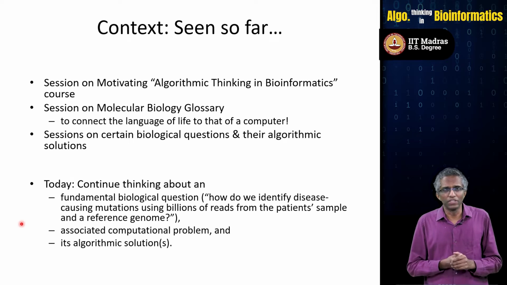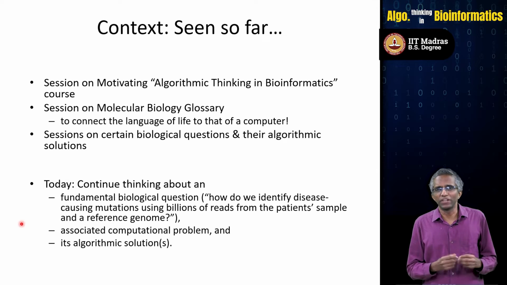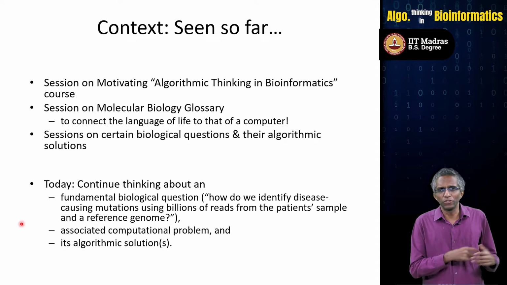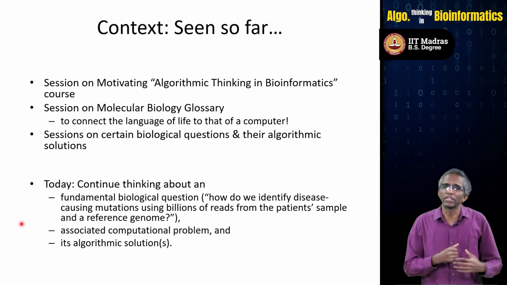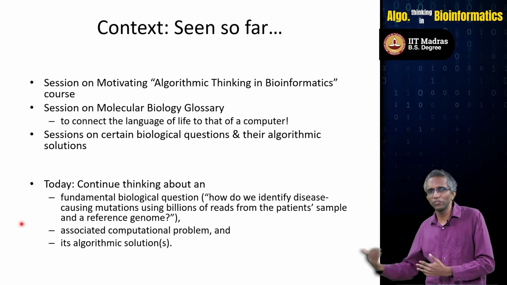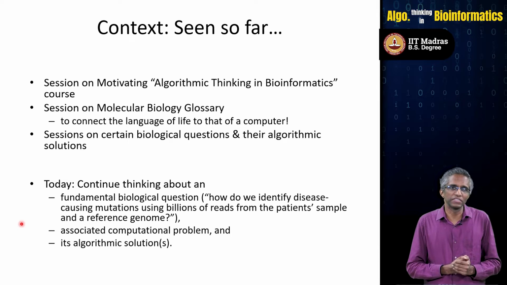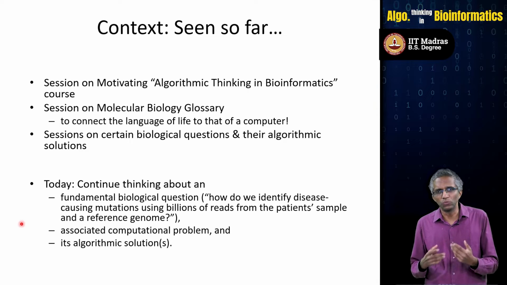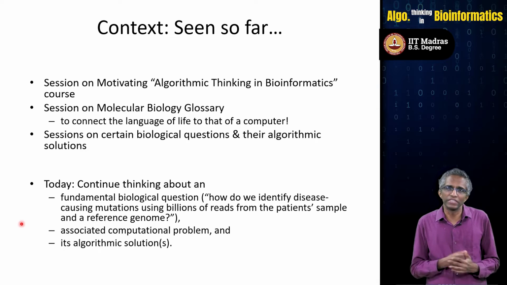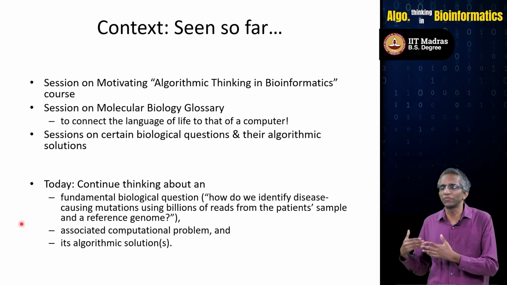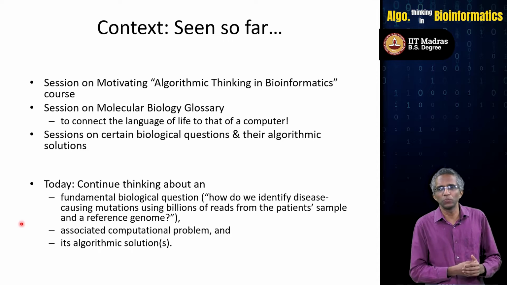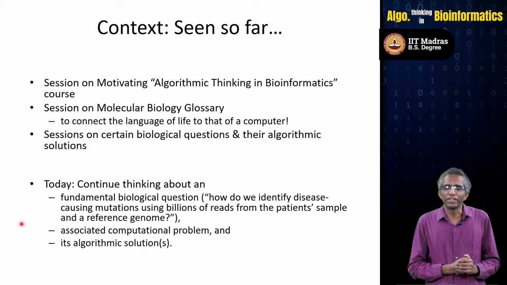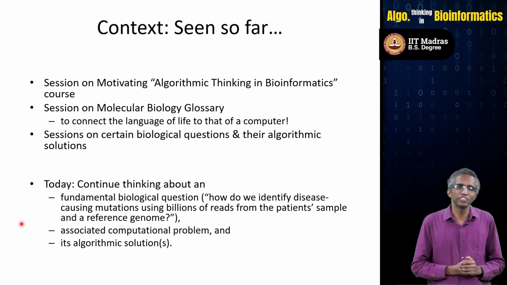Here we have a simpler problem: someone has given us the reference genome. We already know from the Human Genome Project how the human genome looks. And then we have another human, a particular patient, let's say, who has an ailment, and we do not know what mutations, if any, are causing that disease. We would like to compare the reads from that patient to the reference genome to see what is different between this patient's genome and the reference genome, and identify such differences, which are these mutations.